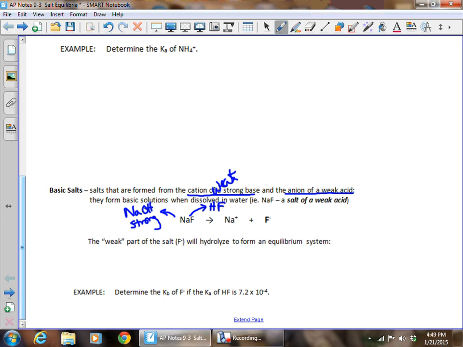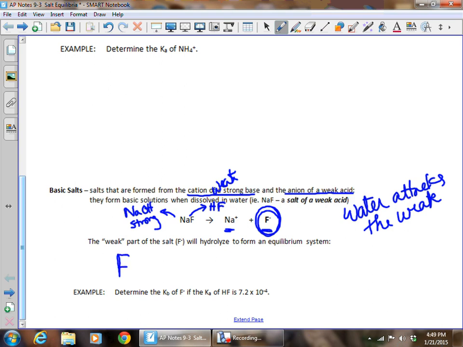When it dissolves in water, or splits as we have often called it, we end up with Na plus and F minus. And remember, water attacks the weak. So water is going to attack the weak part of that, and the weak part is this F minus. That's the weak parent, HF. So what happens?